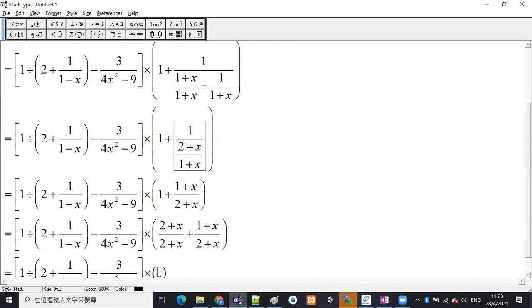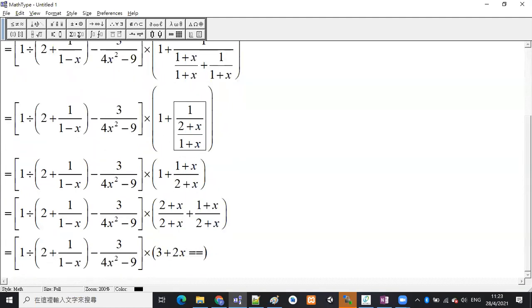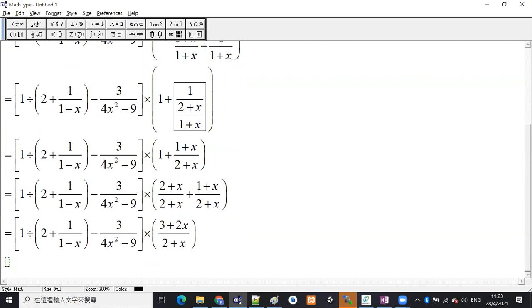It becomes 2 plus x plus 1 plus x, that is 3 plus 2x over 2 plus x. OK，好啦，右手邊呢一個搞掂咗，我哋搞返左手邊呢個方括號先。咁呢度 1 divided by this fraction, this sum of fractions.